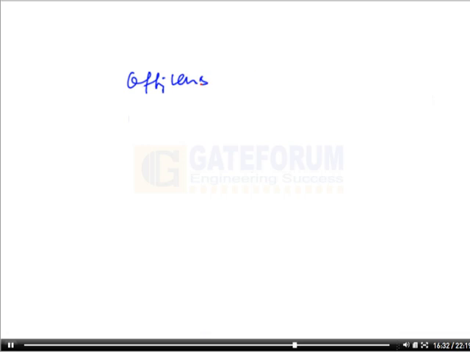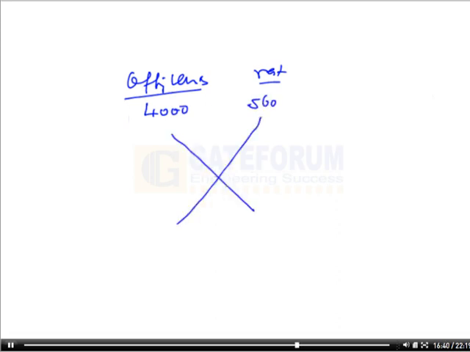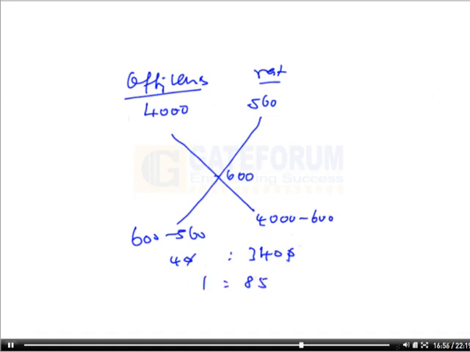Officers on one side, the rest of the workers on the other side. Officer's salary is 4,000, the rest of the workers 560. Overall, it is 600. So we find the difference between expensive and mean, mean minus cheaper. We get 40 is to 3,400, which will be 1:85.